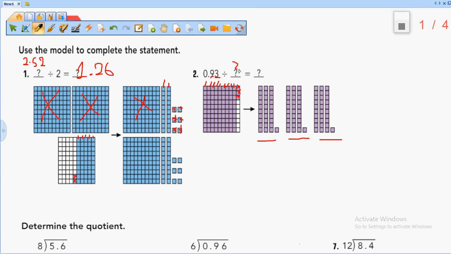That means divided by 3 groups. So in each one we have no whole number. We have only tenths. So we will put 0 point. The whole number is 0 and the decimal point to represent this is a tenth, and I have 3, and I have only 1 block in the hundredths place, so the answer becomes 31 hundredths.